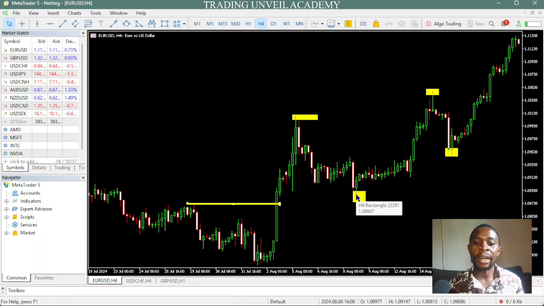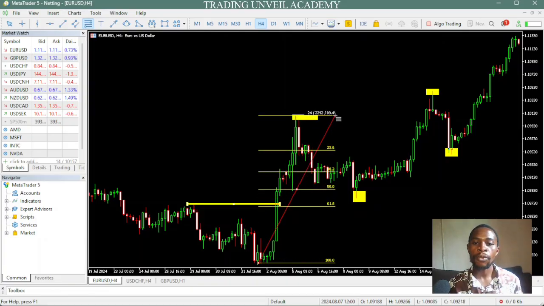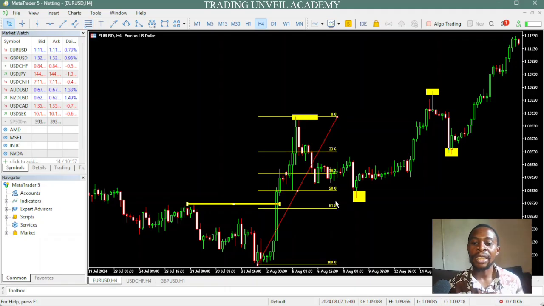To check that, let me use the Fibonacci retracement. If I put my Fibonacci retracement from this swing low to this swing high, I know that the market retraces more than the equilibrium level. So I know that this swing, this reaction is correct.